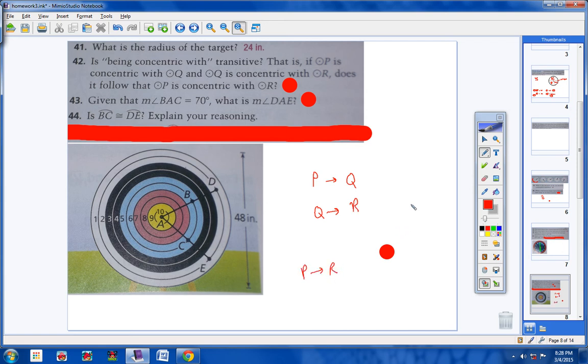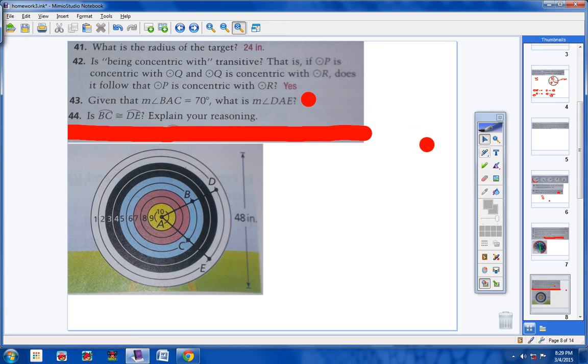Yes, most definitely, guys. Think about it. If you've got circles and they're concentric, that means they have the same center. So if P and Q have the same center, and Q and R have the same center, then definitely P and R have the same center. And if you've forgotten, we say 2 circles are concentric if they have the same center. That's what concentric means.